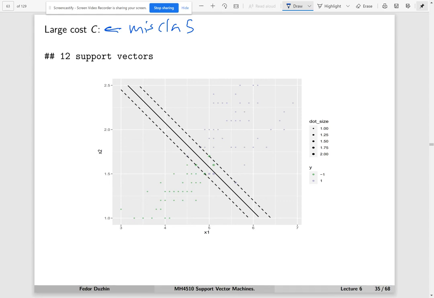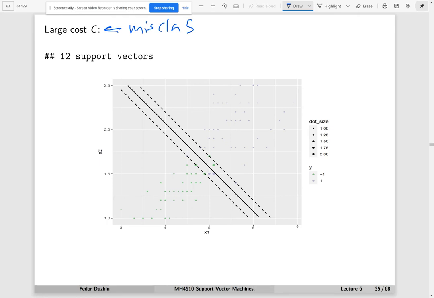And if it is less forgiving to misclassification, it means that margins are going to be narrower. Hypothetically, the limit of our classifier as C goes to infinity is going to be the maximal margin classifier, the separating hyperplane. But usually a separating hyperplane just doesn't exist. Still, a large cost means narrower margins, and narrower margins means fewer support vectors.